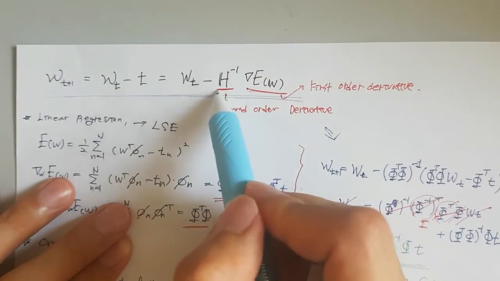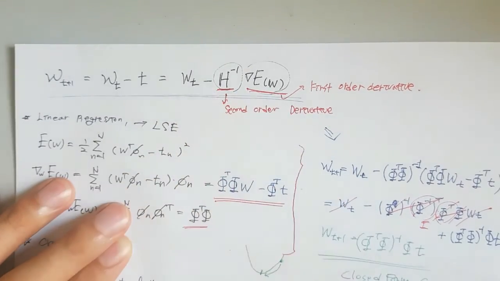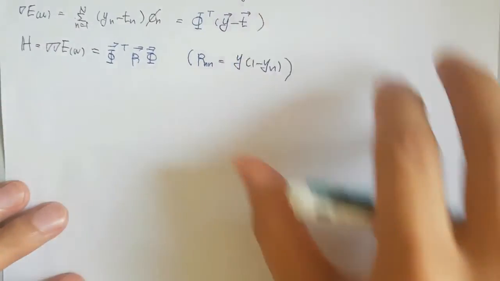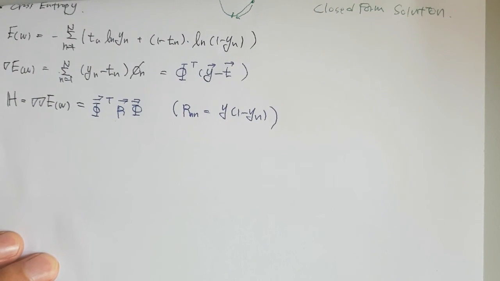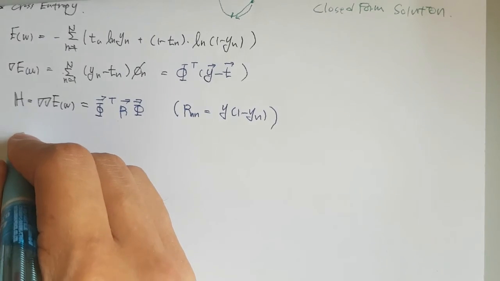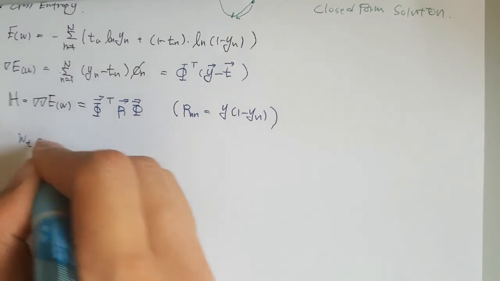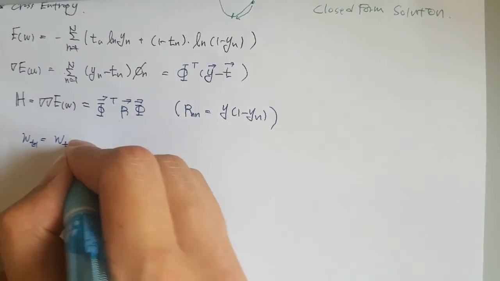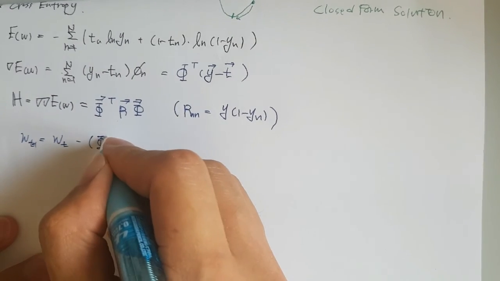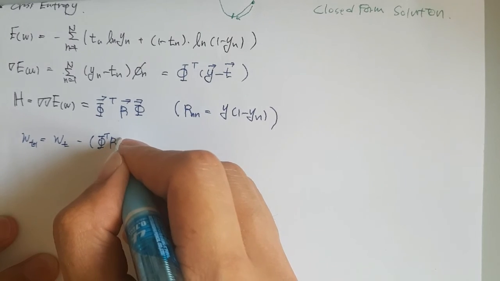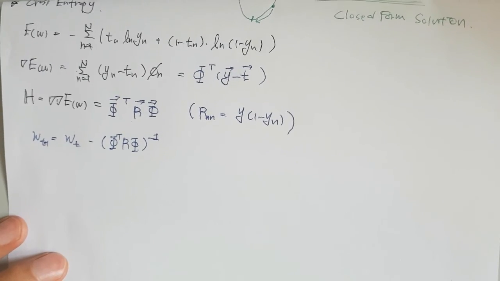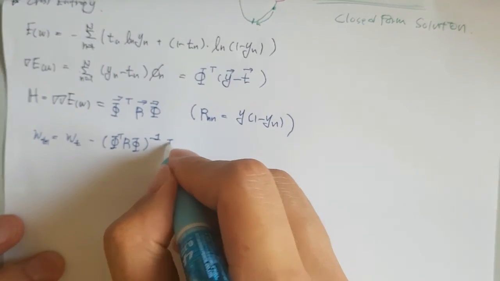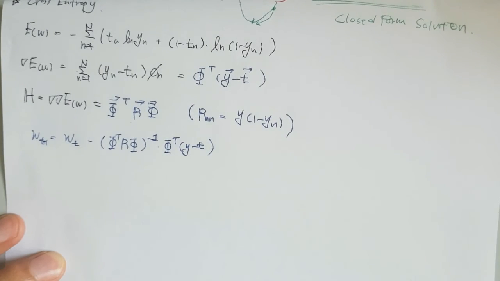So I will apply the equations of the Hessian matrix to our first derivative equation. Then it will be like this.